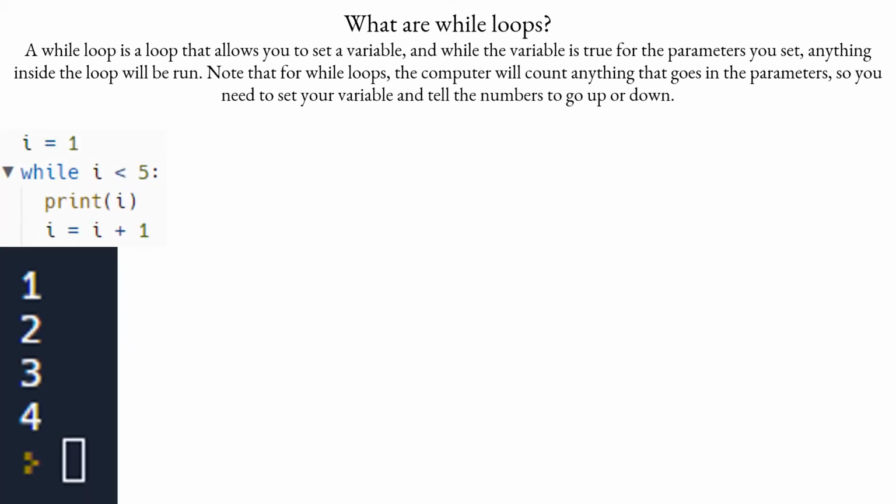Let's look at this. I told the computer that I equals 1, and while I is less than 5, the computer will print I and then add 1 to I. This way the numbers will go up.